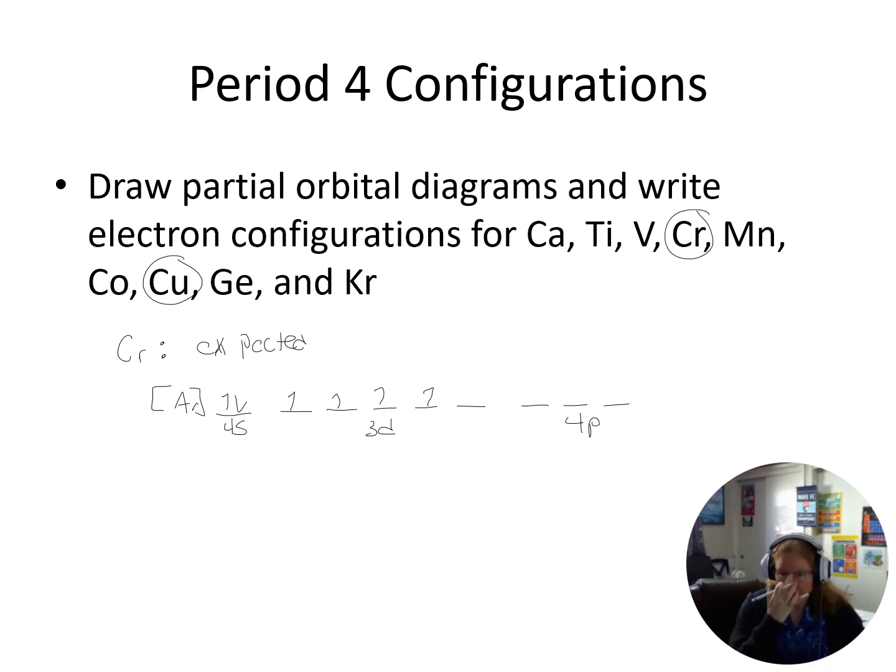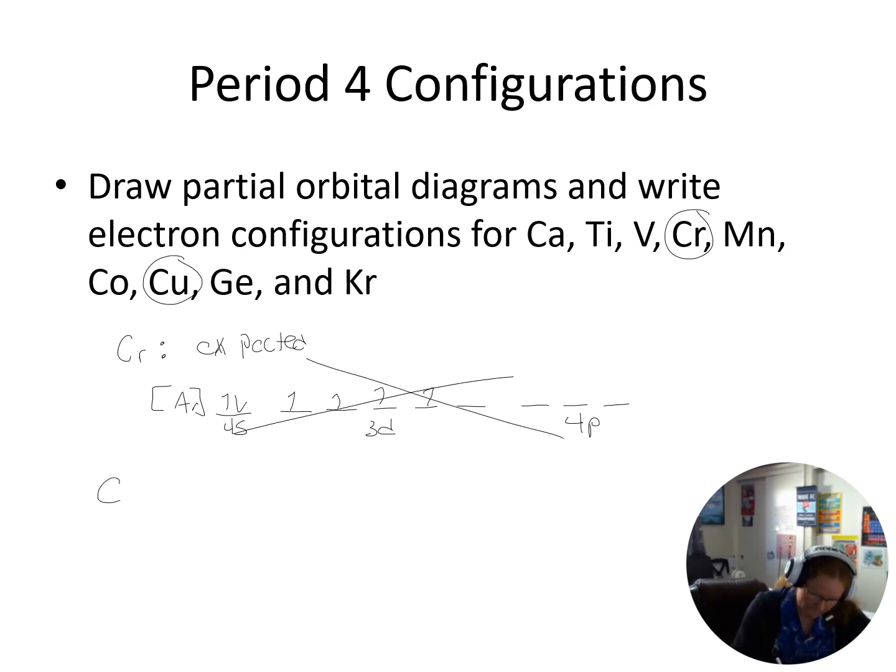Now, what we have found experimentally when we have looked at chromium is that this is not what we see. For what we understand about the stability of everything, it is actually less stable to have a paired up 4s shell and an empty 3d orbital. So this is not what we see.